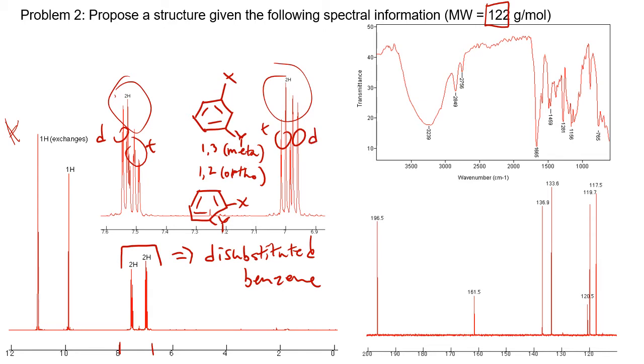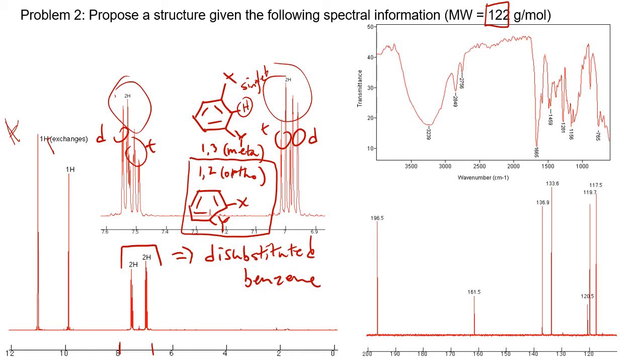Since we see that pattern, 1,3 substitution would not give that, because this hydrogen has no hydrogen neighbors, so it would appear as a singlet, because there's no hydrogens adjacent to split it to a great extent. And we don't see a singlet here. And so this pattern is more consistent with this 1,2 ortho substitution pattern.